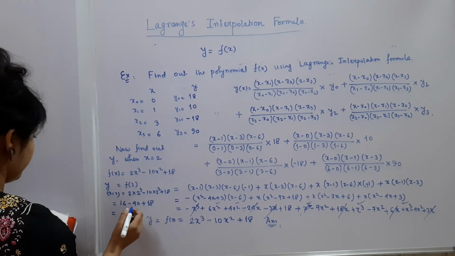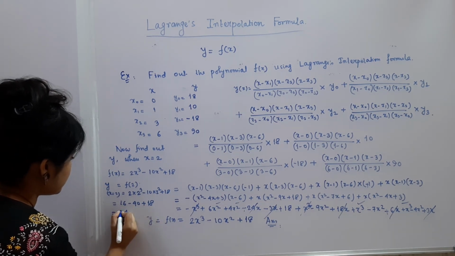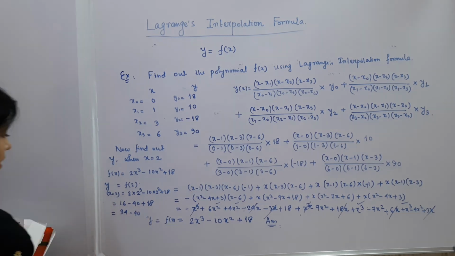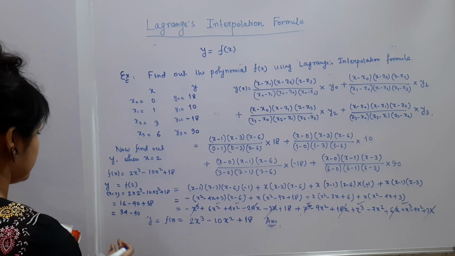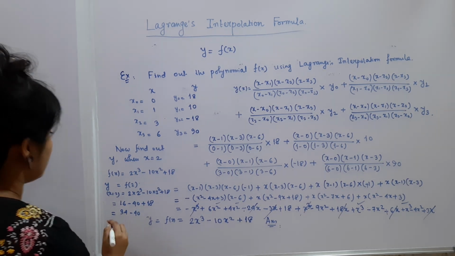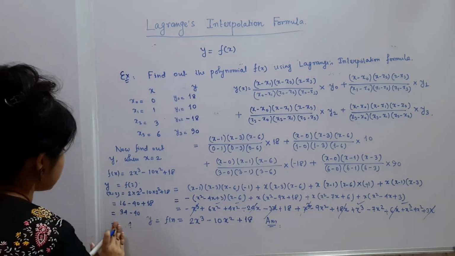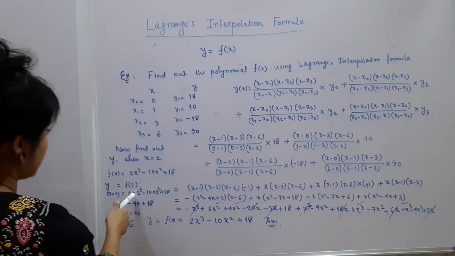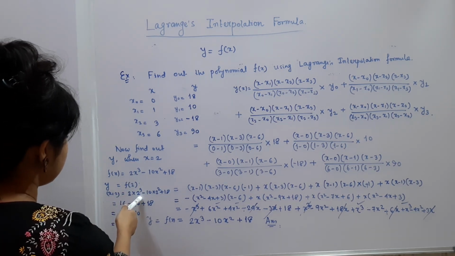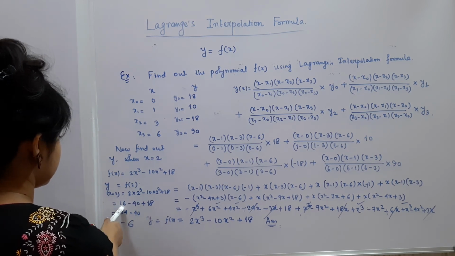Plus 18 is 34, so this is minus 6. Let me remember once again: 2 cube is 8, 8 into 2 is 16.